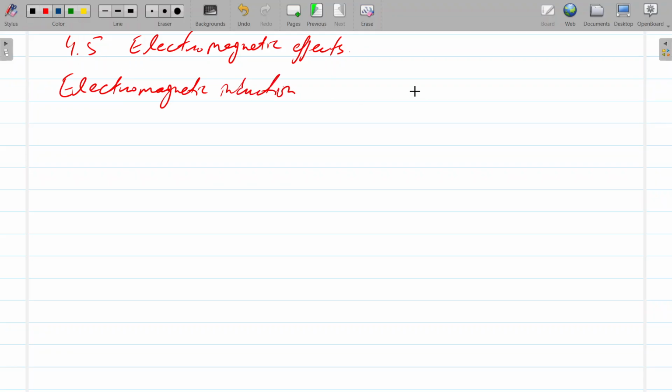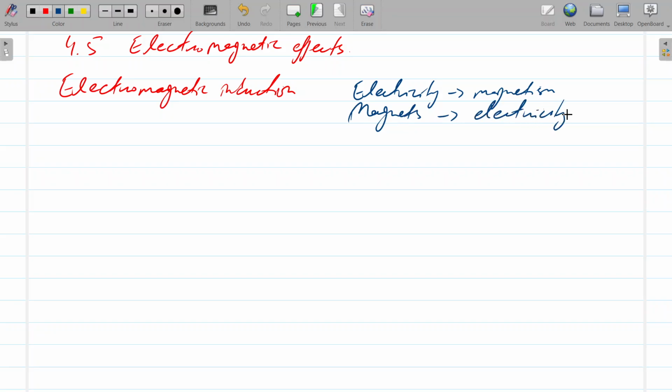So there are two things to keep in mind over here. One, as you know, electricity can cause magnetism in metals. Magnets can cause electricity in conductors.